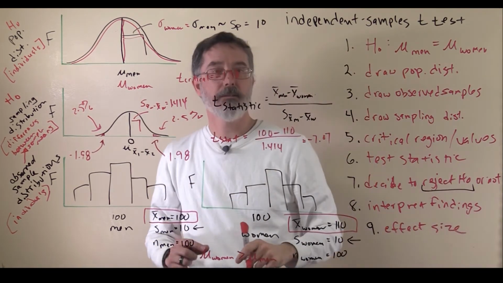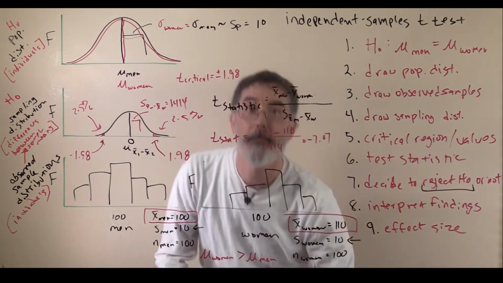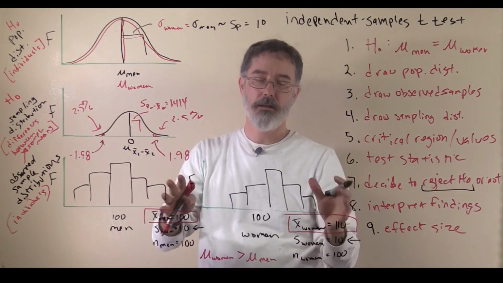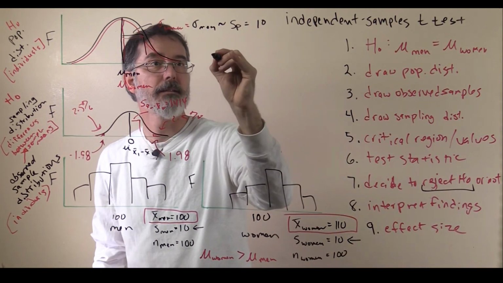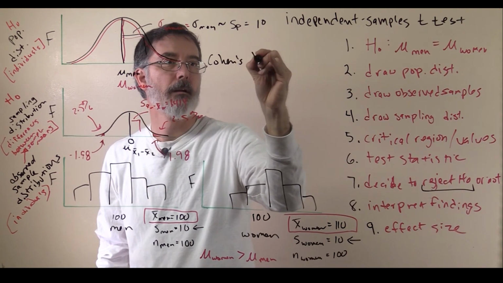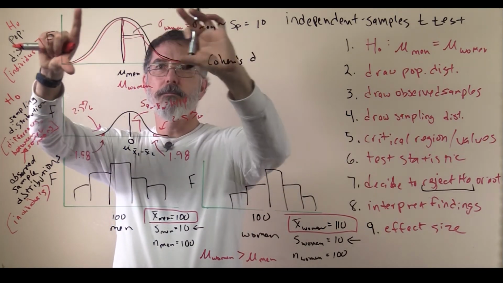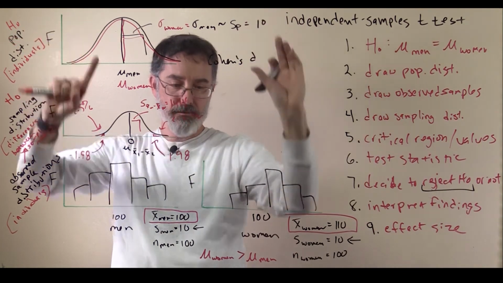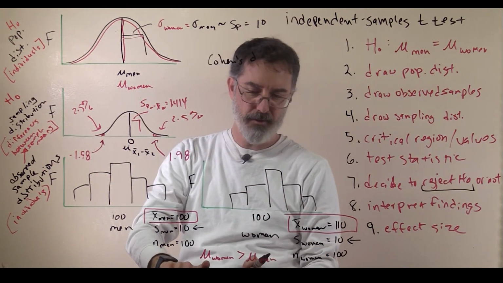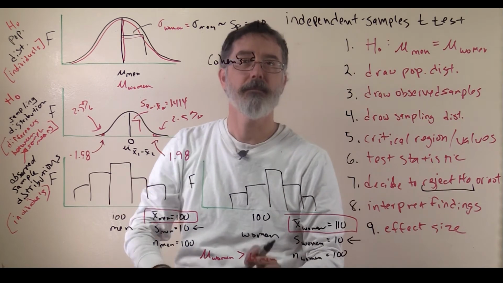Right, and the effect size, let me clean this up a little bit. The effect size, when you're comparing two different means, which we've done for all of our t-tests here and our z-test, is Cohen's d. Right, remember, that's up at this level. How many standard deviations away are the means, right? And here we're interested in the population mean for women and the population mean for men.